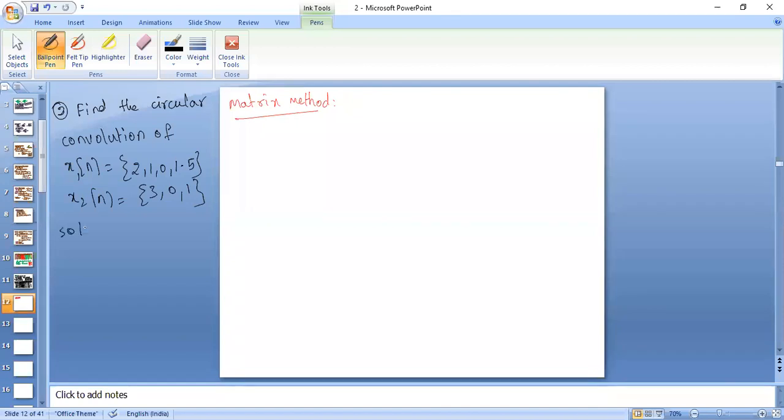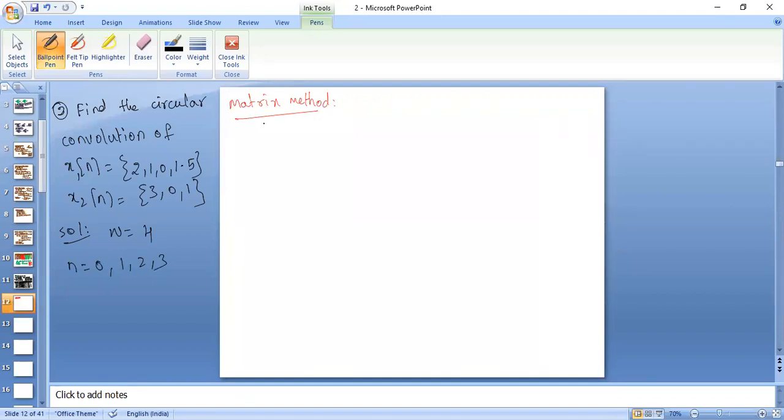So let us try to write the solution here. Here the length of one sequence is equal to 4 and the length of the second sequence is equal to 3. So N value is equal to the length of the larger sequence, which is equal to 4. So when N is equal to 4, small n is in the range of 0 to N minus 1. So small n is equal to 0, 1, 2, 3. Clear?